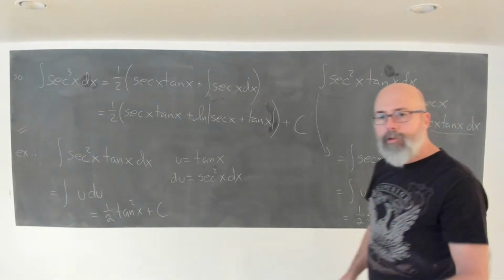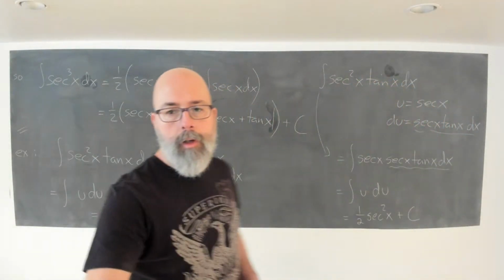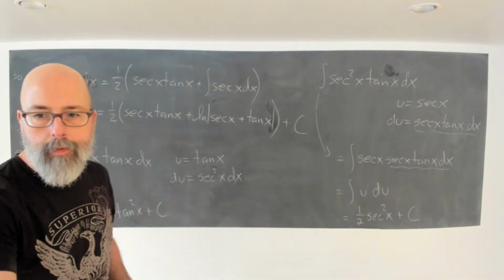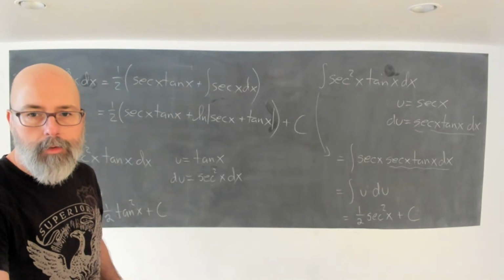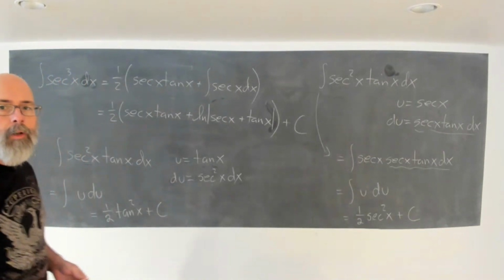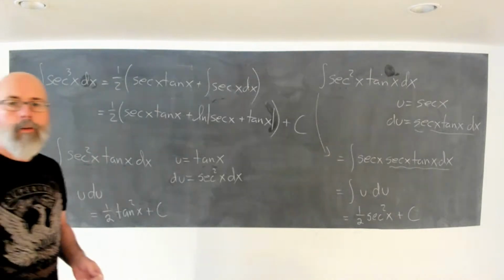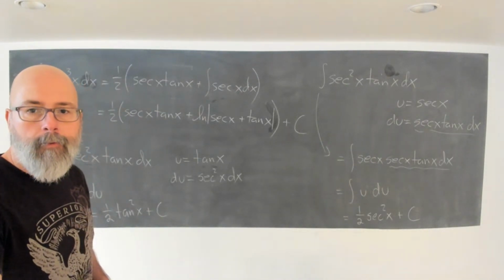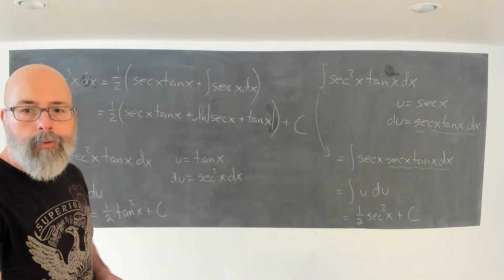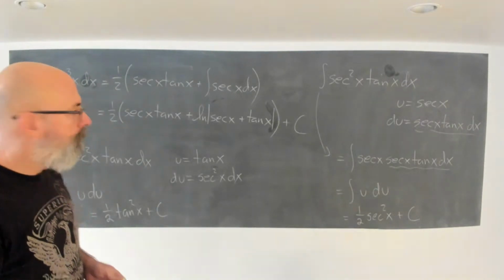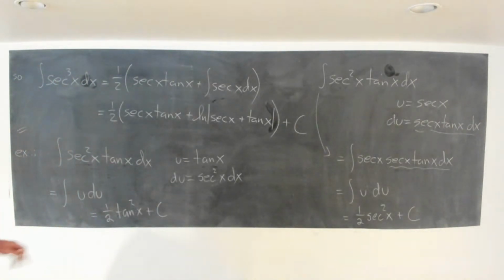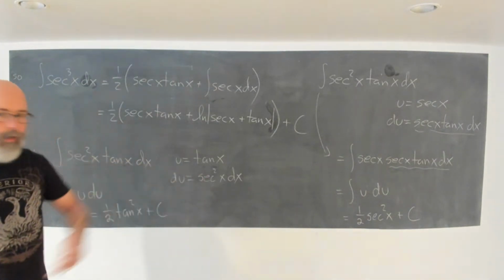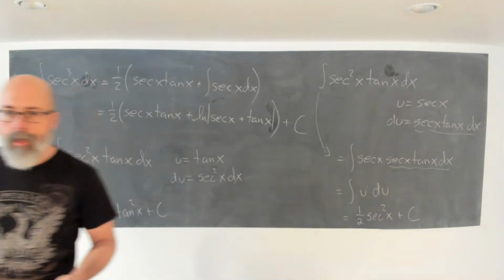And now you're thinking to yourself, well, that's not the same answer. That's not the same answer at all. Here we have tangent squared and here we have secant squared. These are not the same.